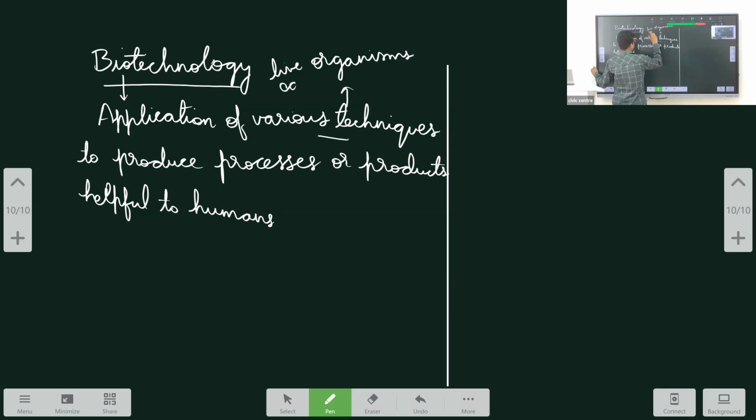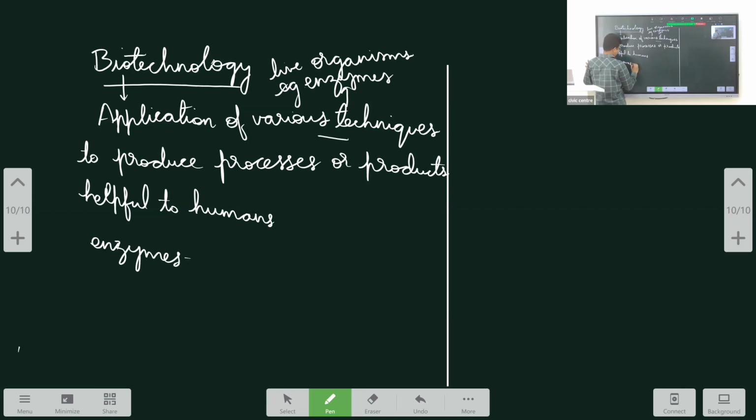For example, consider the enzymes, which are the biological agents we have looked at previously, how they ensure the digestion of the food that we ingest.